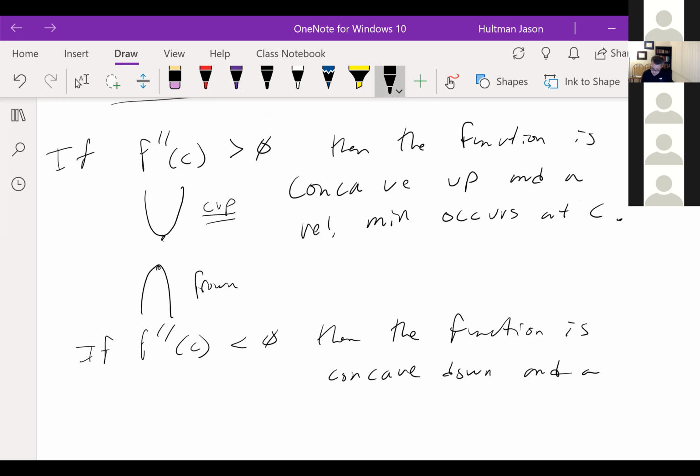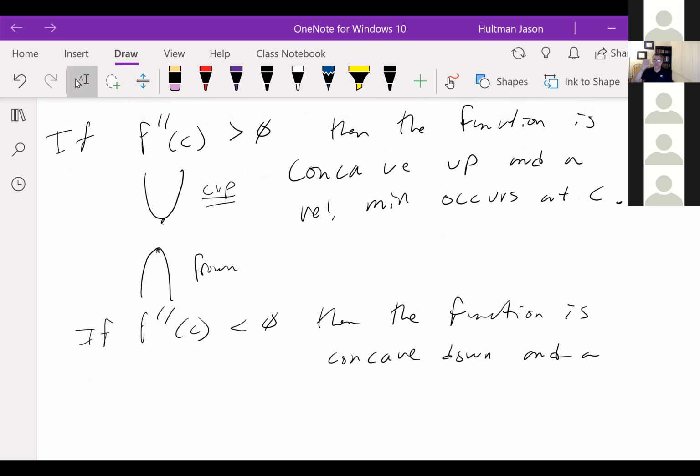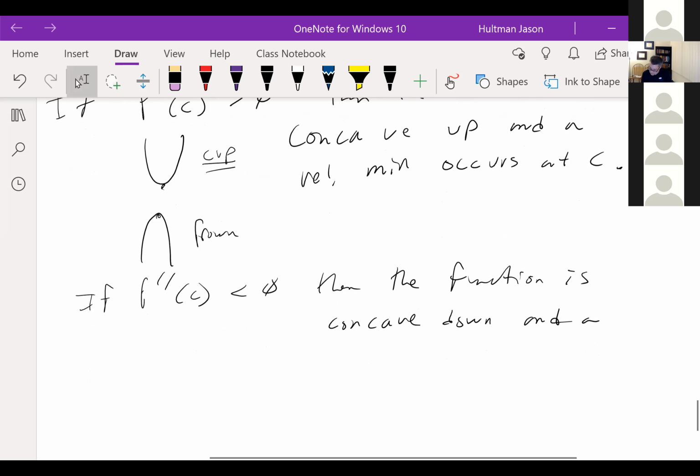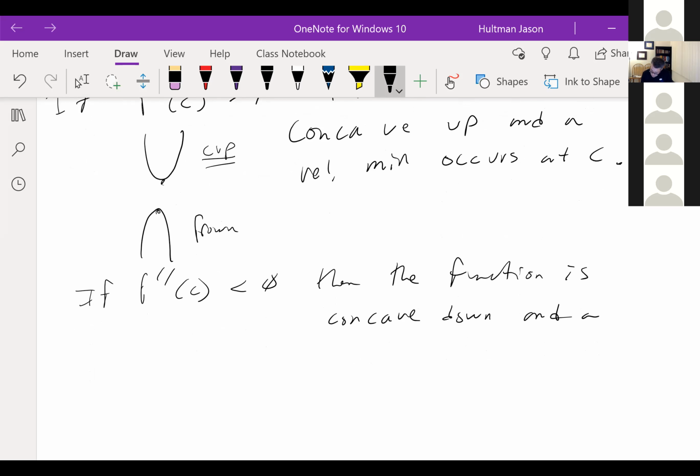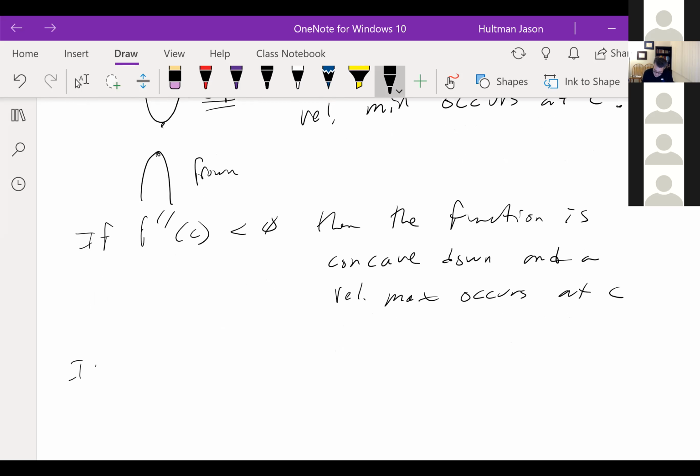And what's going to occur when we have a frown? Very good, thank you, a max. Concave down and a relative max occurs at c, okay?